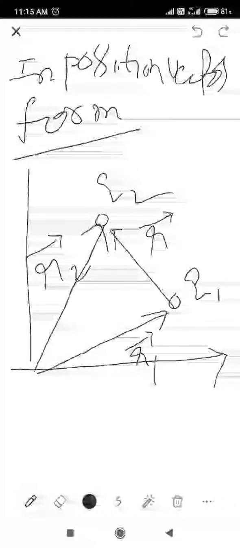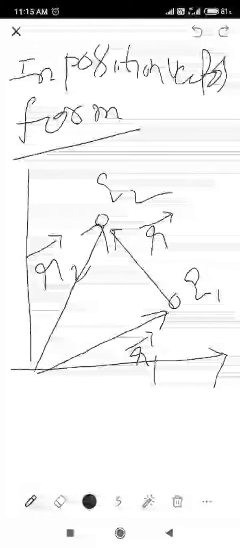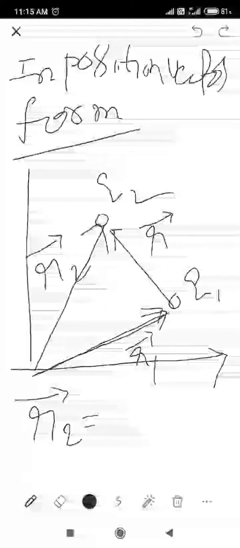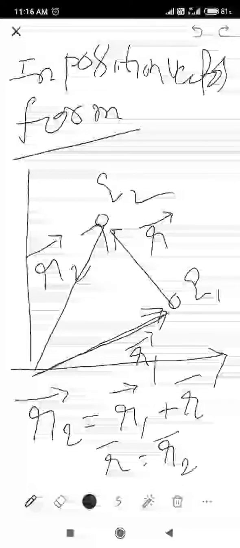Then from the triangle of vectors we can write r2 bar is equal to r1 bar plus r bar. From this we can write r bar is equal to r2 bar minus r1 bar.